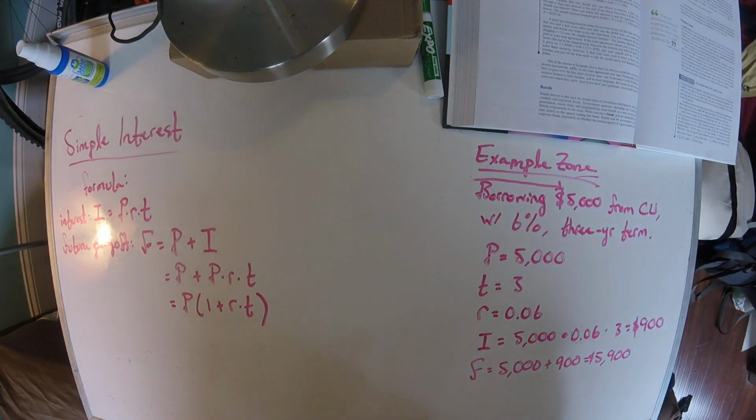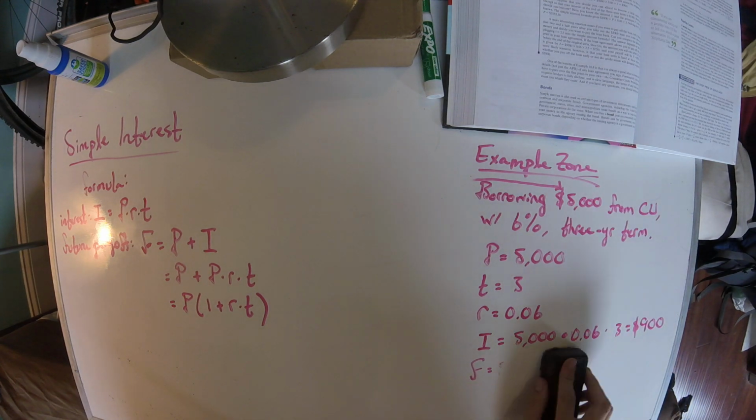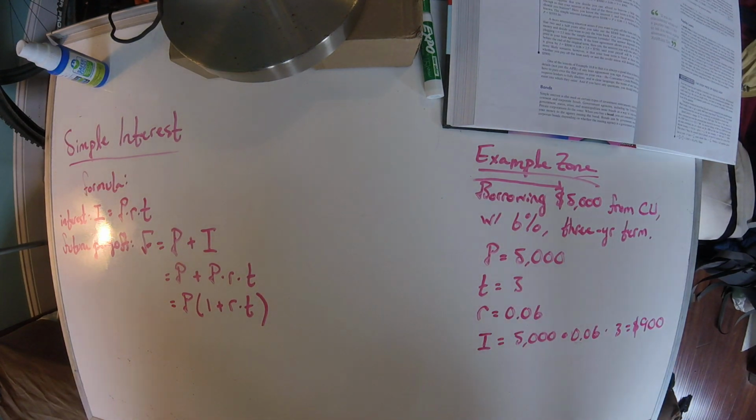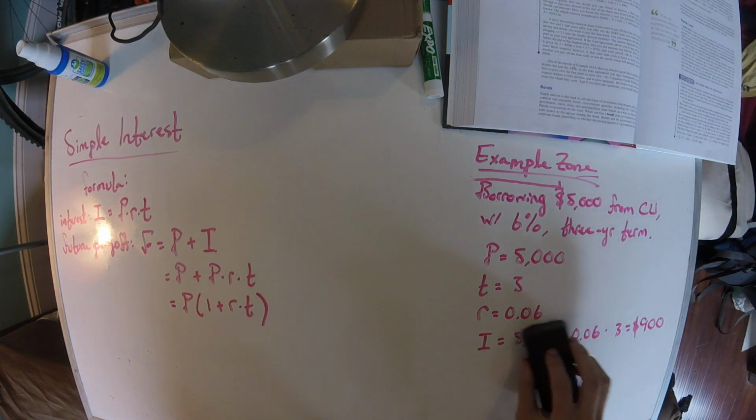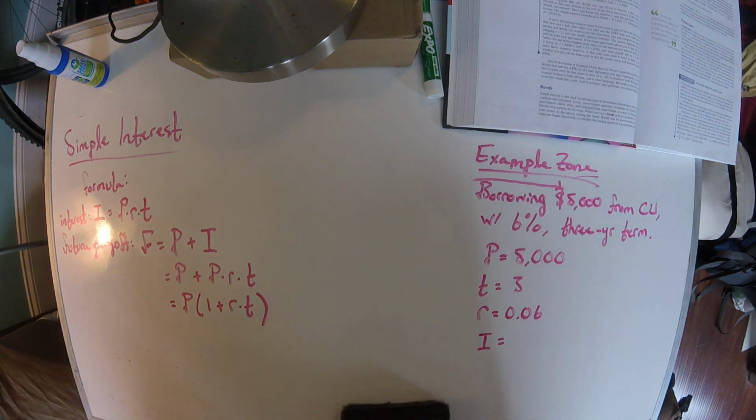Okay, so now let's switch this up a tiny bit, and let's say that we want to borrow a little bit more. We want to figure out the amount that we should borrow such that the interest at the end of the 3-year term is exactly $1,000.